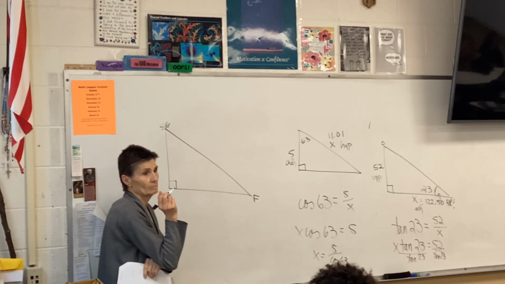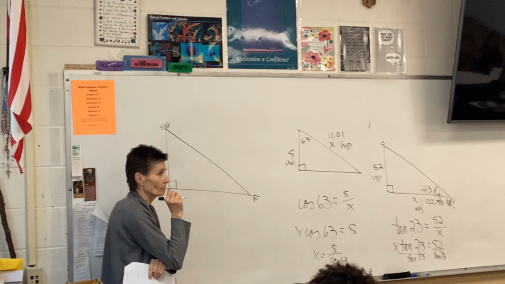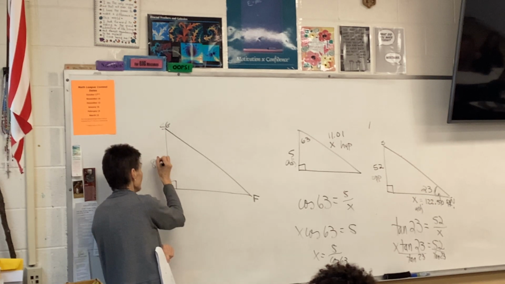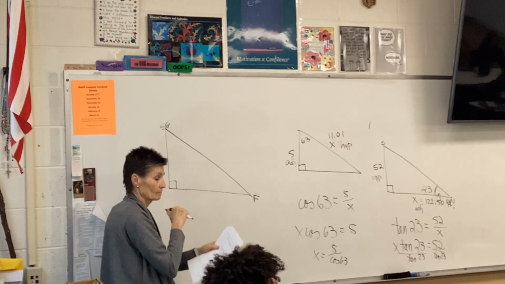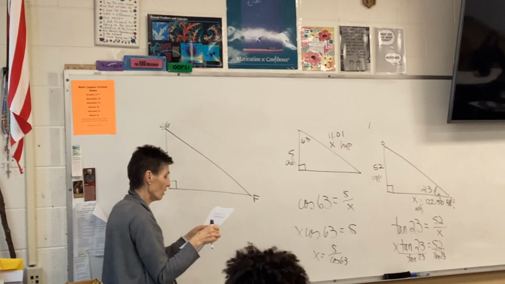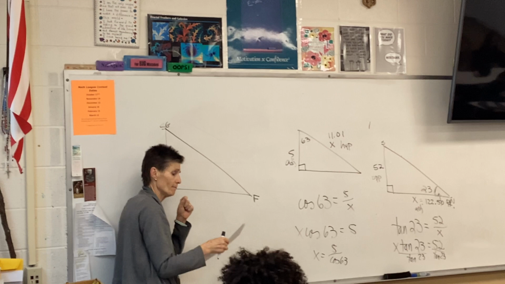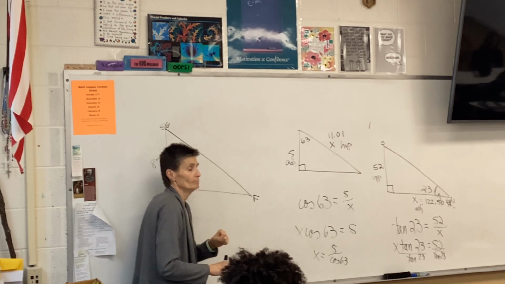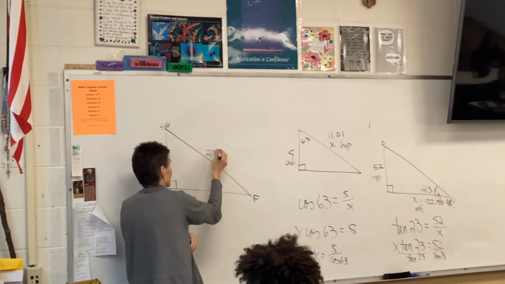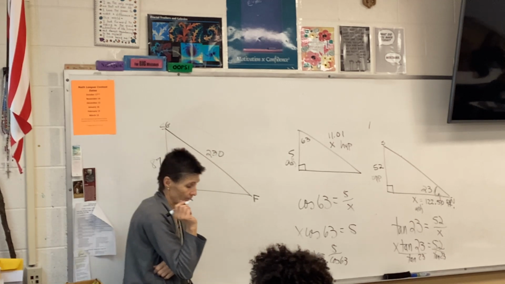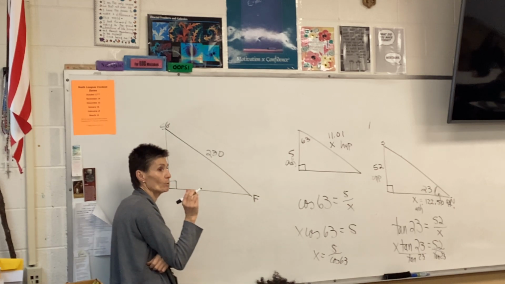Where's that going to go? Isn't that right here? Isn't that 87 feet up in the air? The seagull is 230 feet from the fish. The hypotenuse. Find the angle of depression.